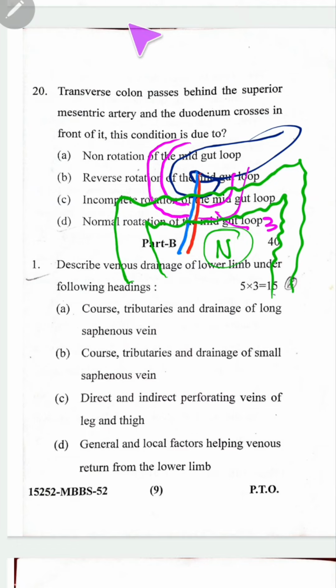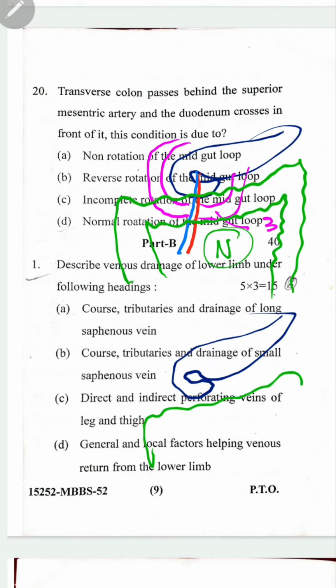Now, if this thing happens in reverse, let's see it fast. This is the pancreas, right? And here you have the transverse colon. Then you have the superior mesenteric artery coming out like this, and you have the superior mesenteric vein descending like this.